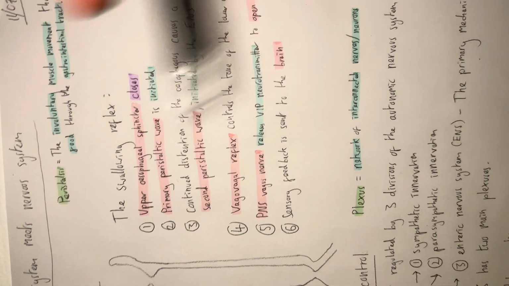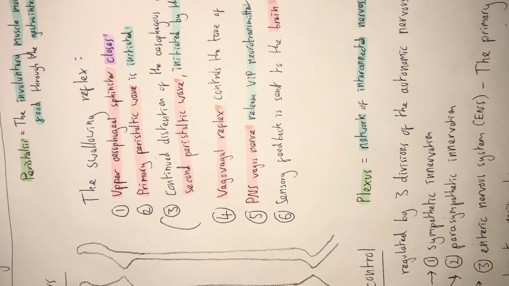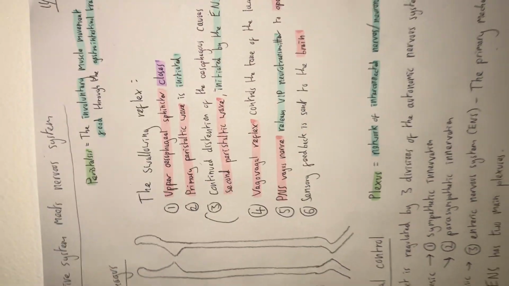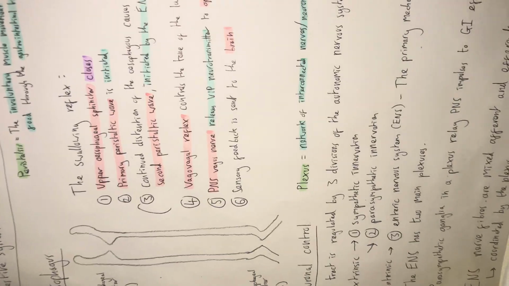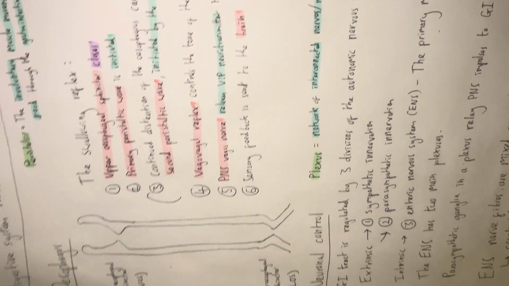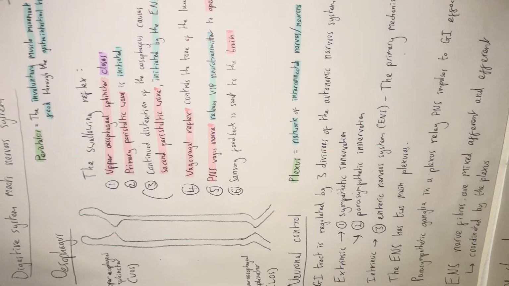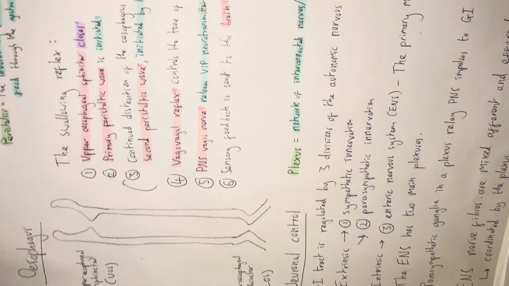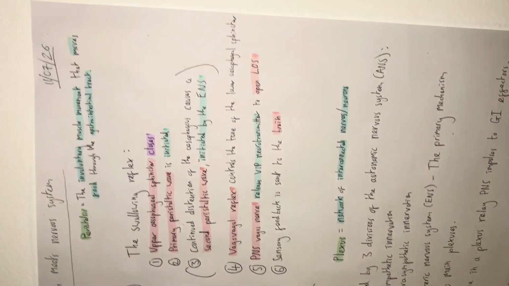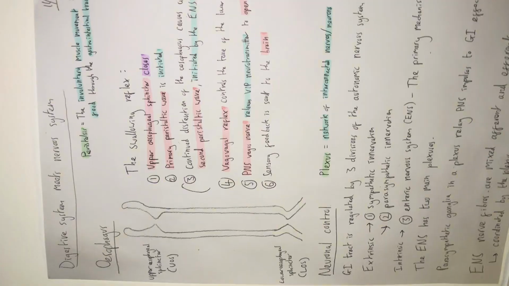Now, this number 3 is more of a just in case this happens. In case there is still a lot of distension in the esophagus, so distension is like the overextension. So let's say that your stomach is really bloated, you'd have a distended stomach. And that's the same in the esophagus.